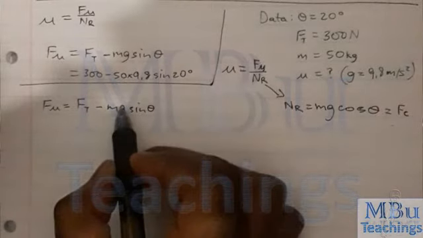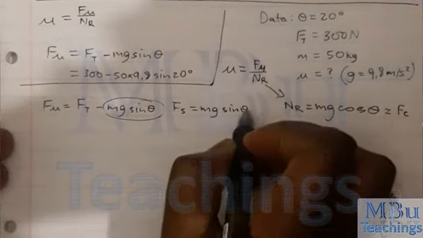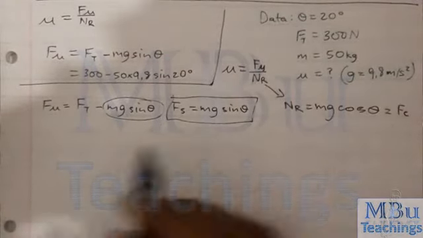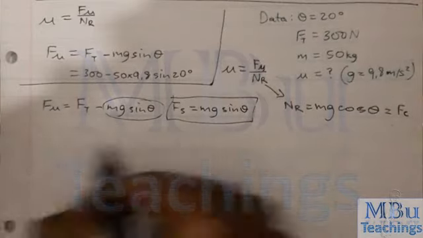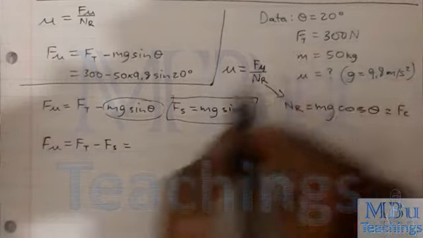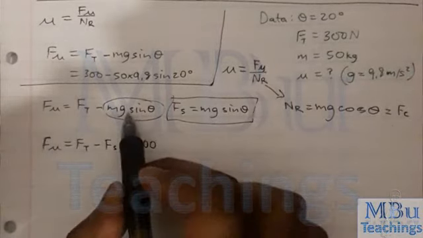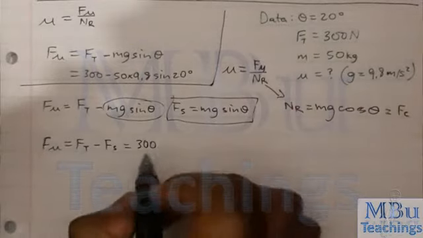So let's start to answer now our question. Our F_T is equal to 300. Our F_s is equal to mg. M is equal to 50.